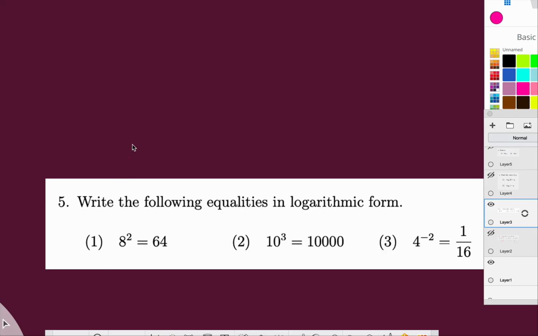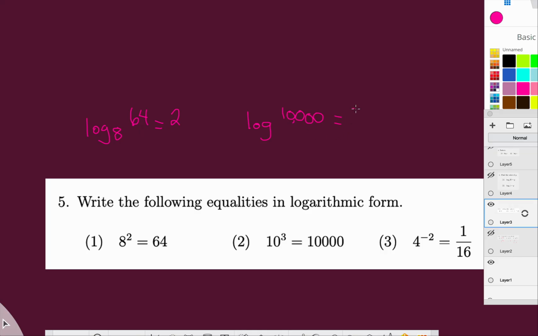So this would be log base 8 of 64 is 2. This would be common log, because it's log base 10 of 10,000. Thanks for correcting me earlier, my young friend. Bonus points in your future.